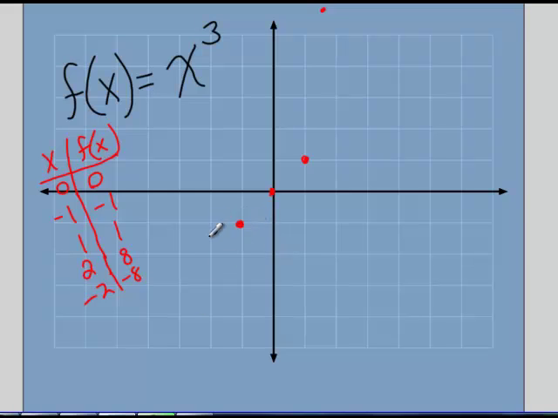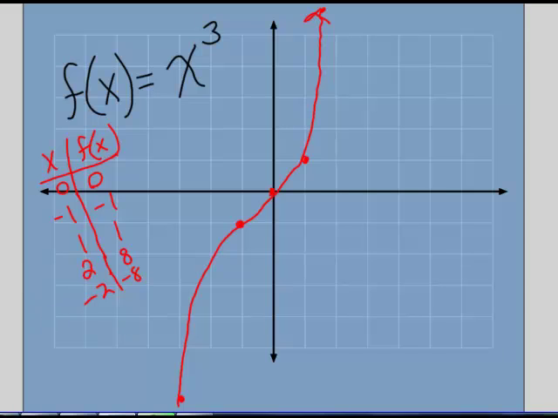And negative 2, it's super low at negative 8. So I'll estimate that point. And let's fill in this graph to show you guys what it looks like. Okay, so this kind of has a double curve, or almost an S shape, you could say.